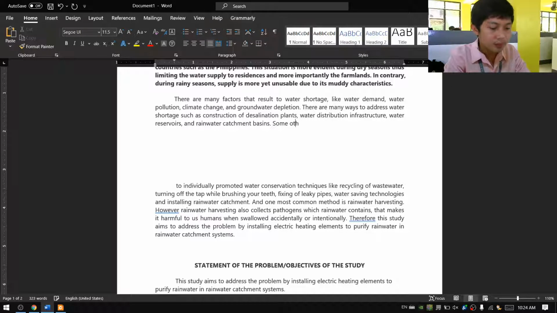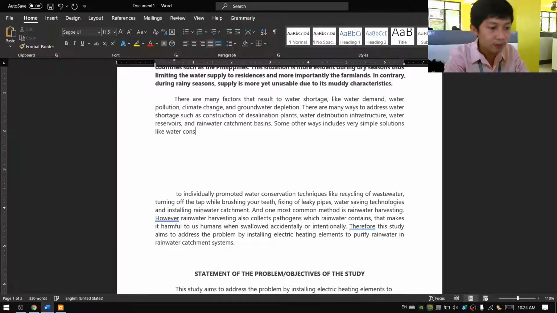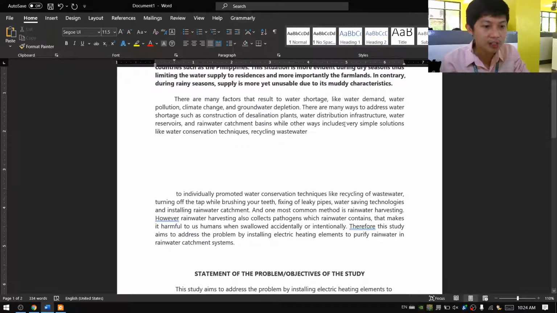Some other ways include very simple solutions like water conservation techniques and recycling wastewater.